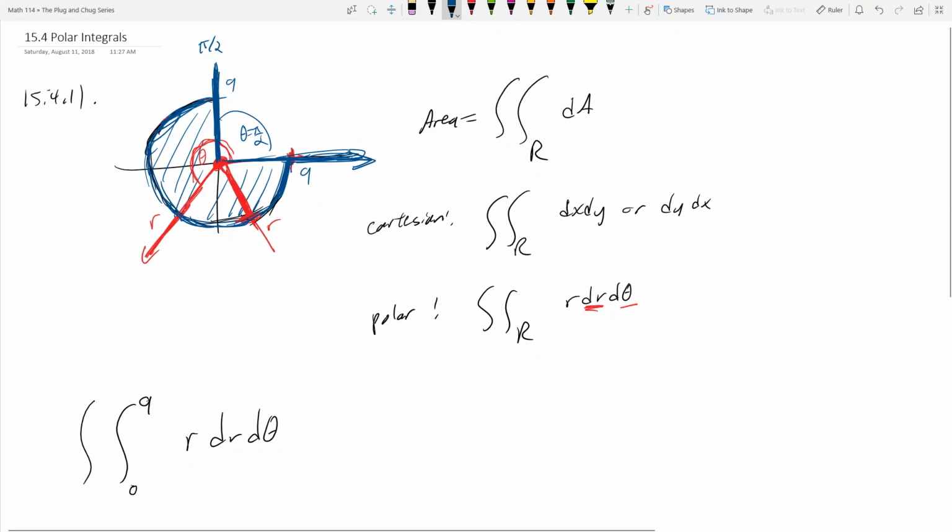So theta goes from pi over 2 to 2 pi. And that's going to be the bounds of my integral, and this integral will give me the area of this 3/4 circle. Make sense?